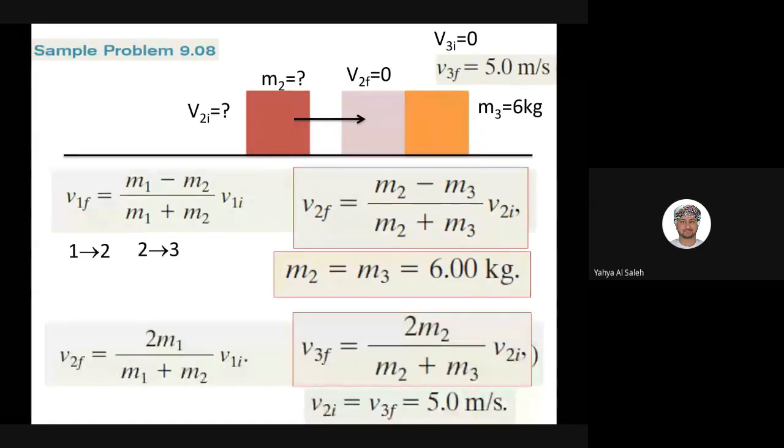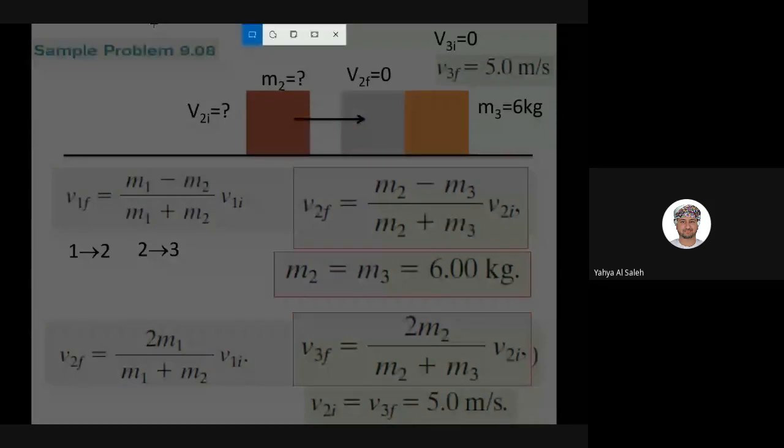I then plug that back in, and I get that the initial velocity of V2 is 5 meters per second. Now this might be confusing, so let's do it on a whiteboard properly.